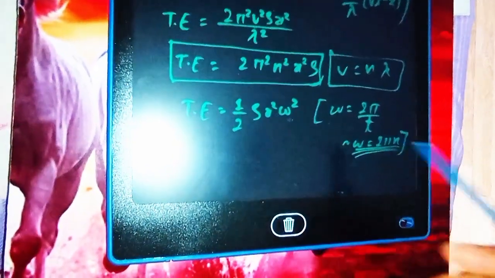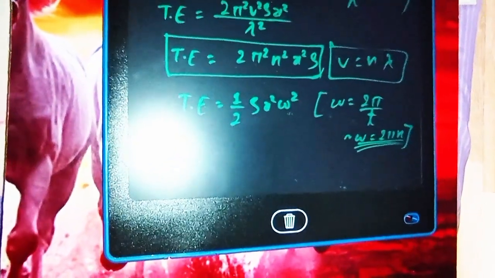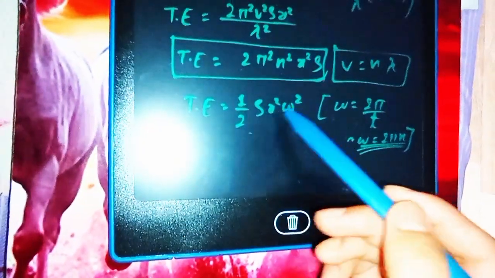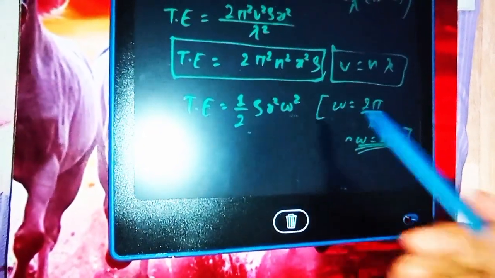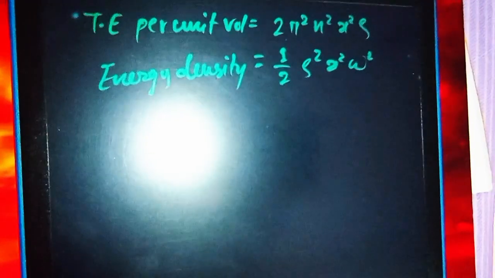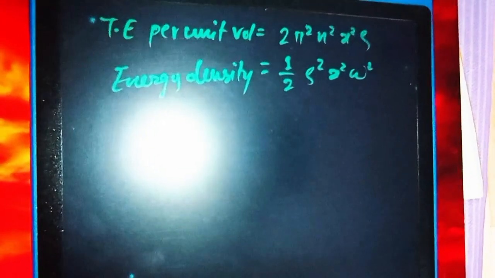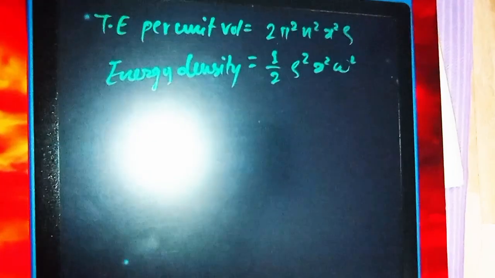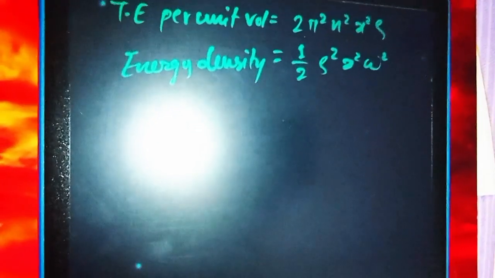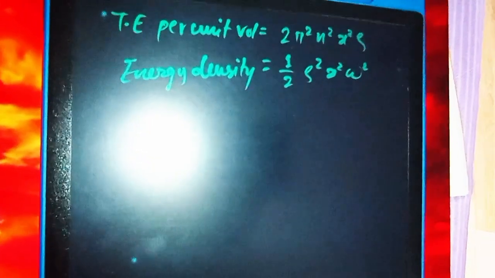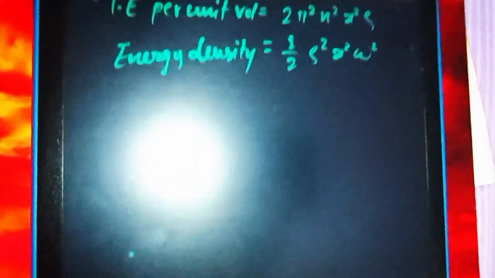So we get 1 by 2 omega square. We derived total energy per unit volume, which is energy density, equal to 2 pi square n square a square rho, which equals 1 by 2 rho a square omega square. We already derived this.